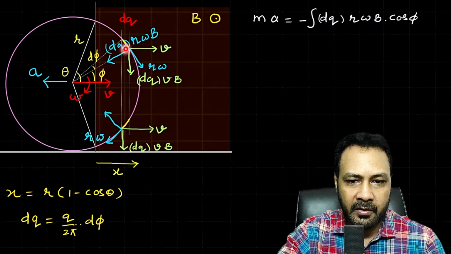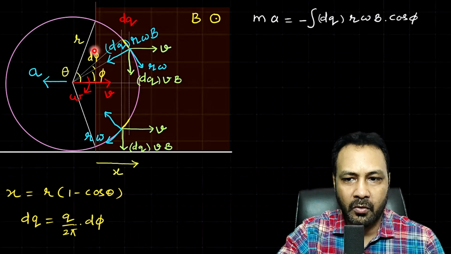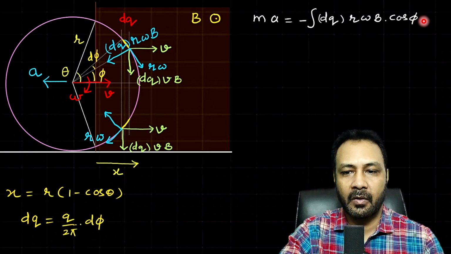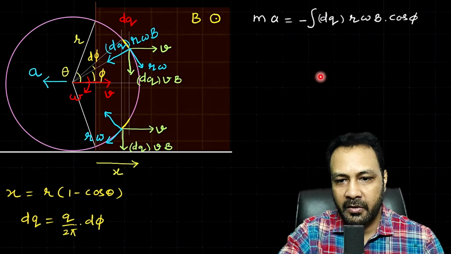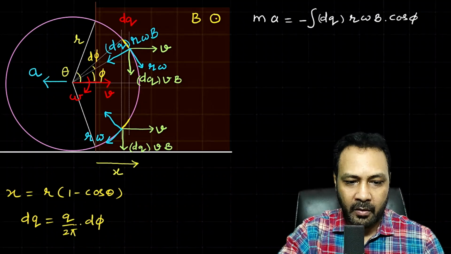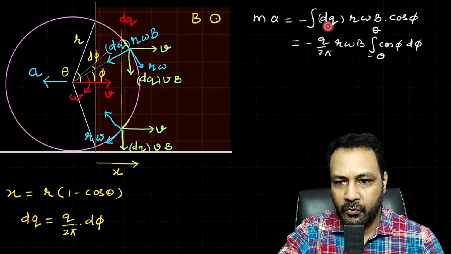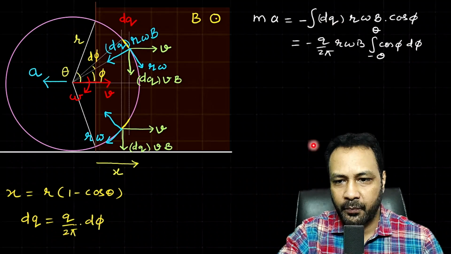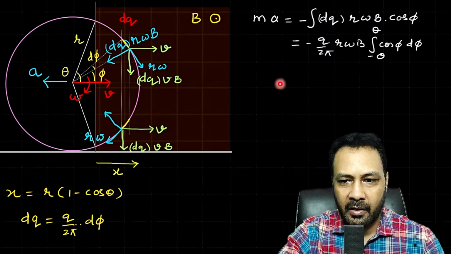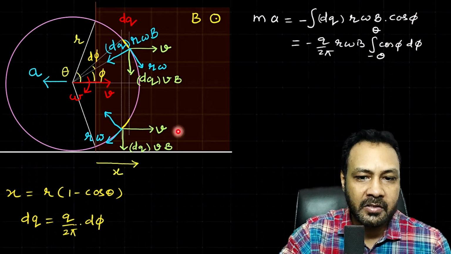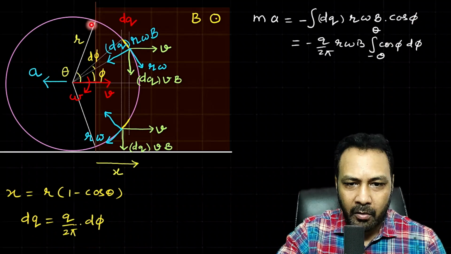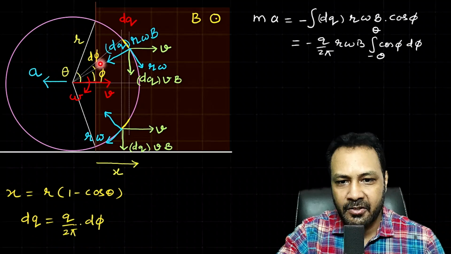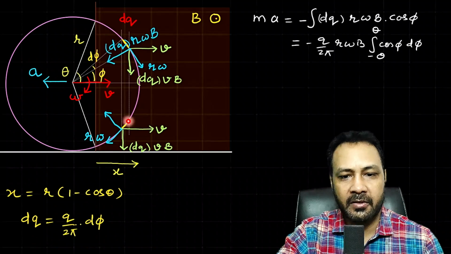The component in this direction would be dq r omega B into cos phi, and minus sign because this is opposite to the forward direction, right? So now put the value of dq here. dq is equal to q by 2 pi d phi, times r omega B, and here the only variable is phi because all these things I have calculated at this moment when this whole part is inside this.